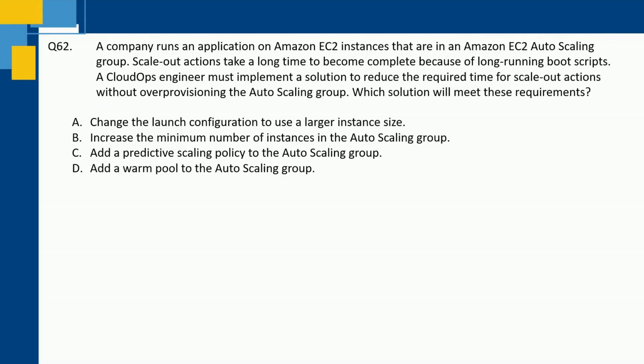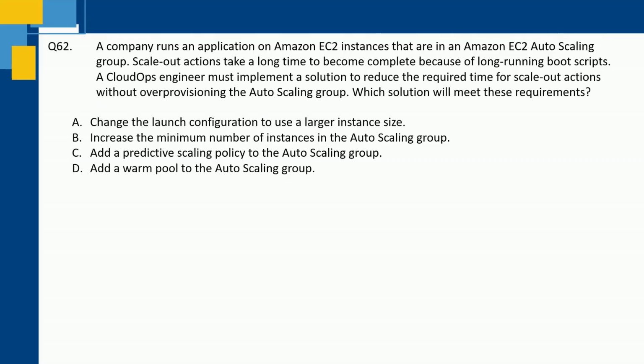Which solution will meet these requirements? Your options are: change the launch configuration to use a larger instance size, increase the minimum number of instances in the Auto Scaling group, add a predictive scaling policy to the Auto Scaling group, add a warm pool to the Auto Scaling group.